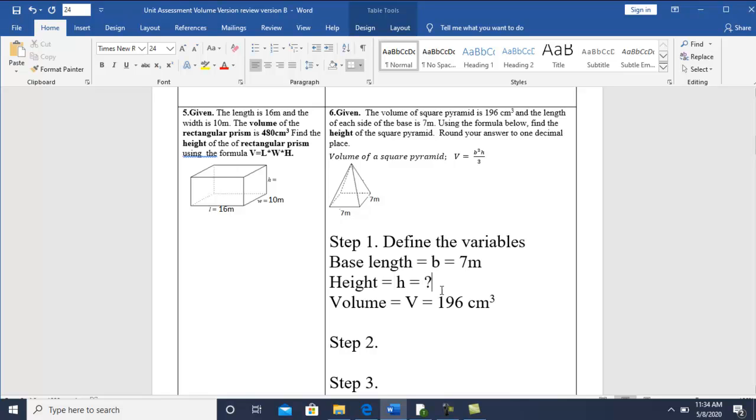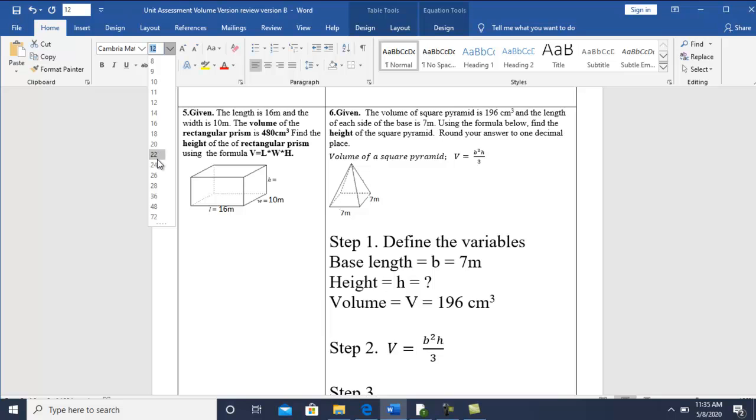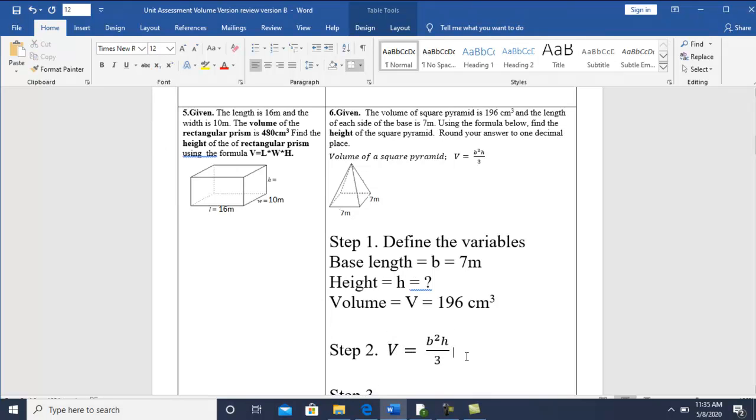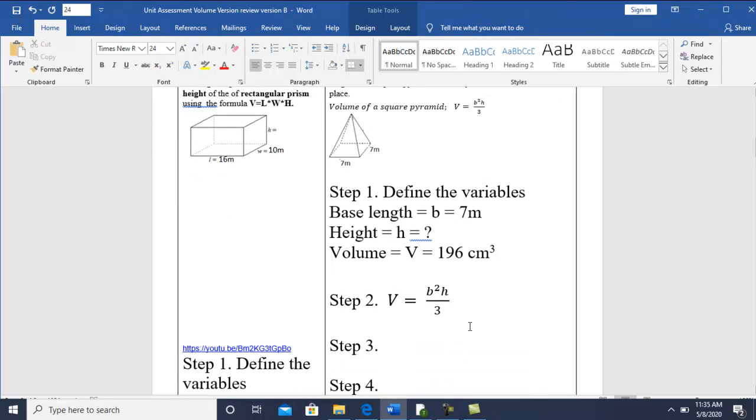Okay, so we're going to use our formula. We're going to substitute those values into the formula. So the next step is to figure out what we put into the formula. Let's plug in our numbers.